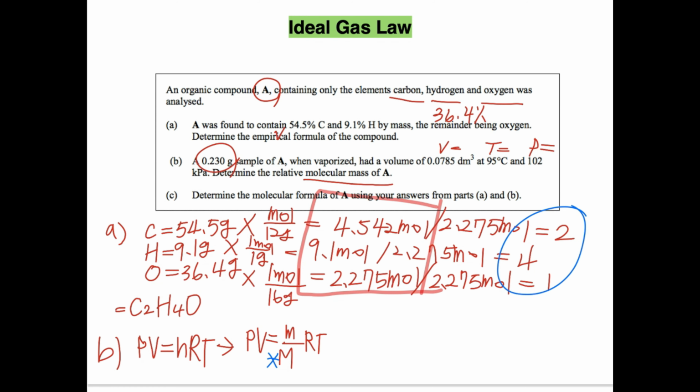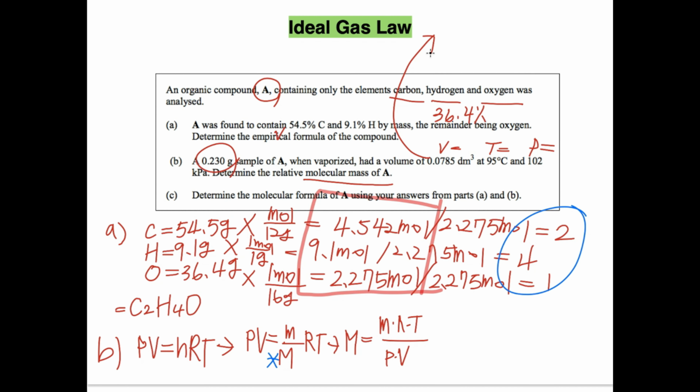So I'm going to rearrange this equation once more to molar mass is equal to mass times R times T over P times V. Okay, our mass is given in grams, so that's okay, but our volume is given in decimeter cube.